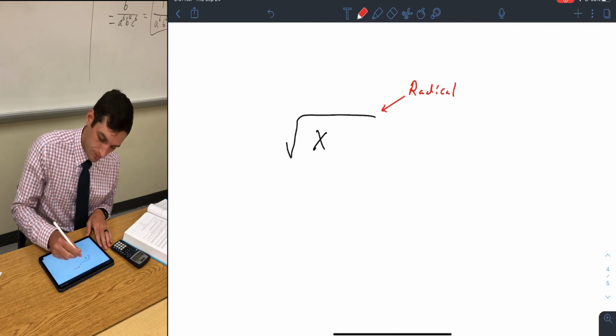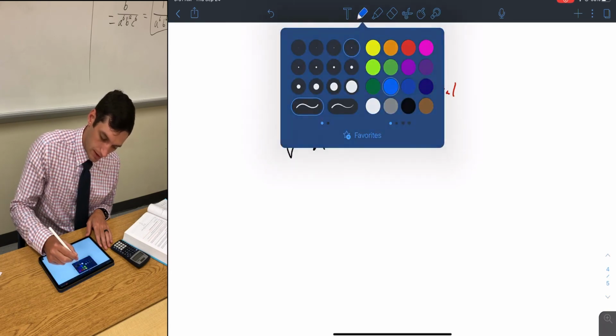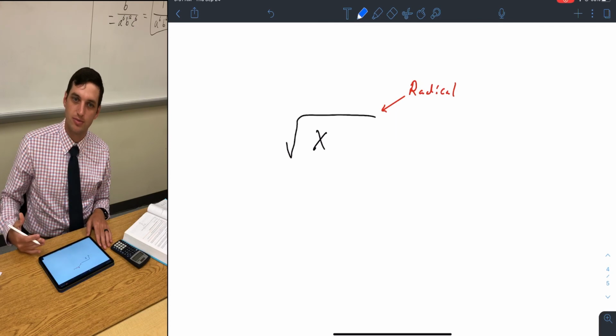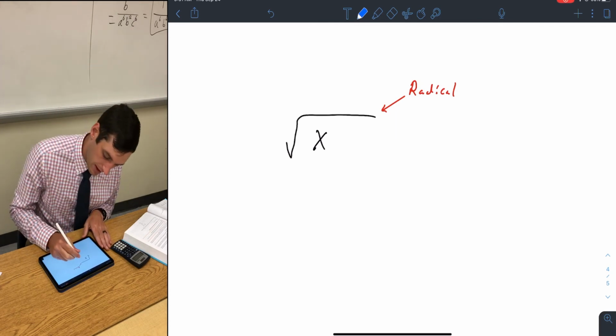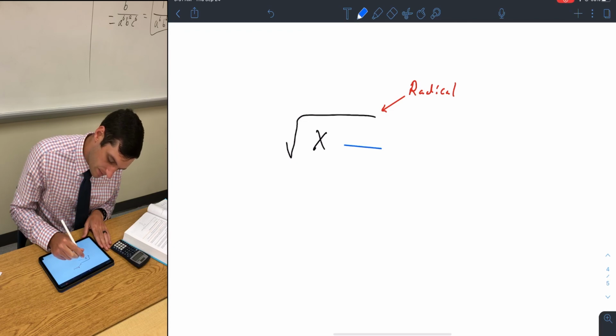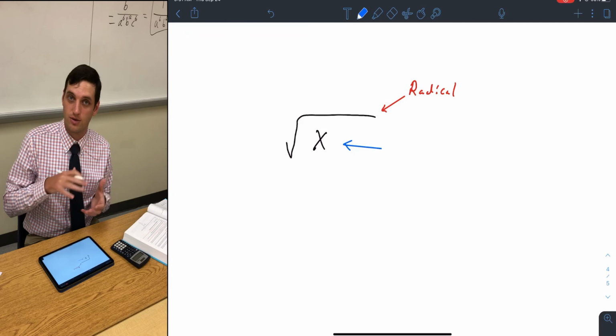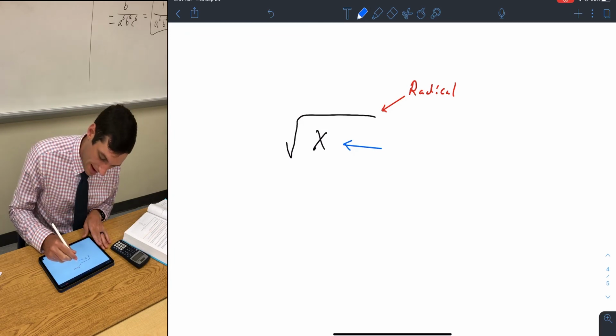So whenever we're talking about radical expressions, that's the reason why, because the operator is a radical. Now the number that the radical is operating on is called the radicand.